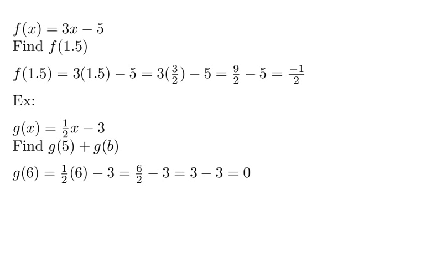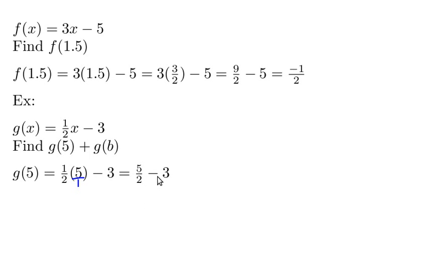So we have g of 5 equals 1 half times 5 minus 3. So that's going to give us 5 halves minus 3, because I just multiplied the 5 times the 1 half. Remember, this is the same thing as 5 over 1, so you multiply across.